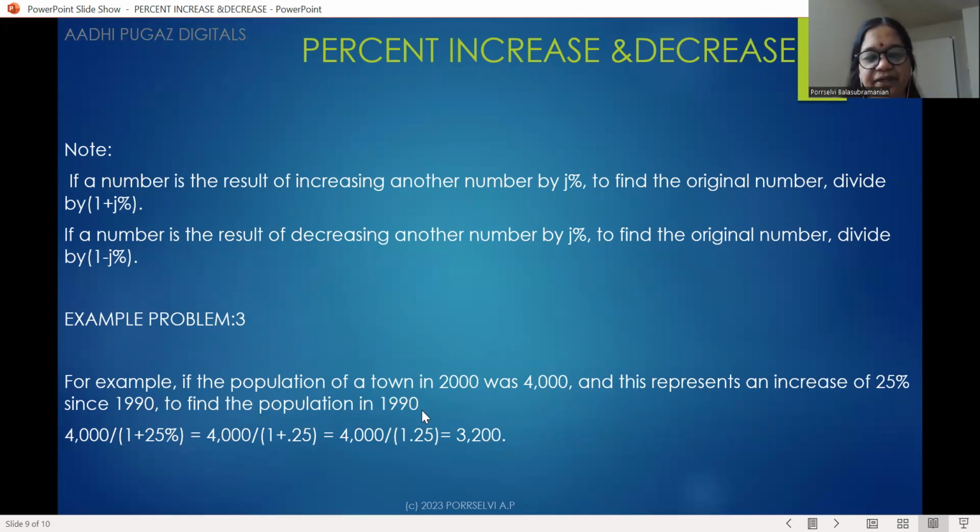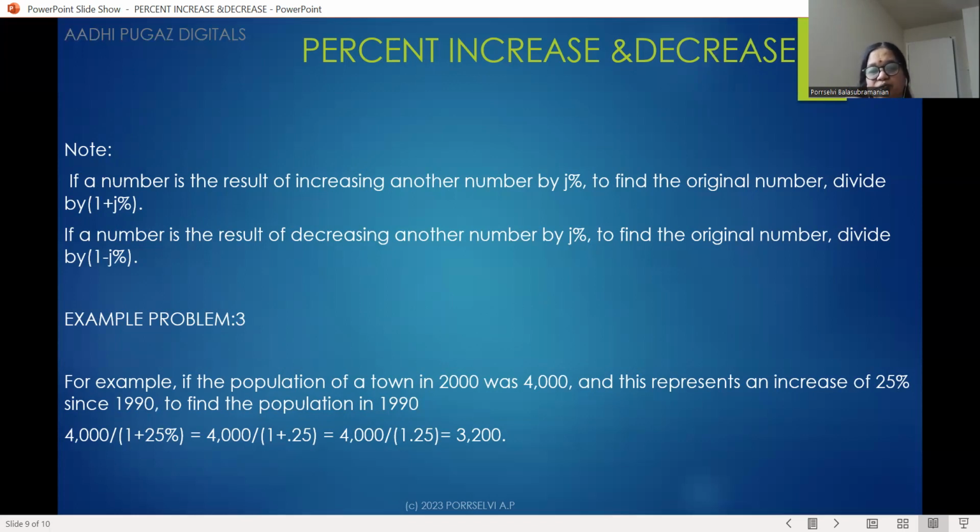Now we know in 2000 the population was 4,000, and it's a 25% increase.